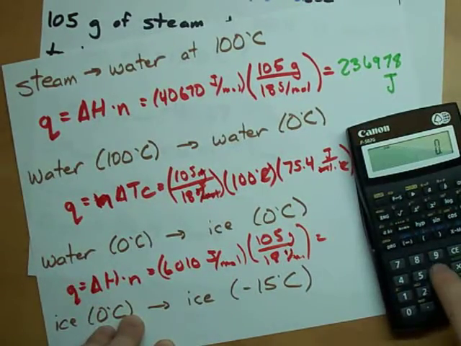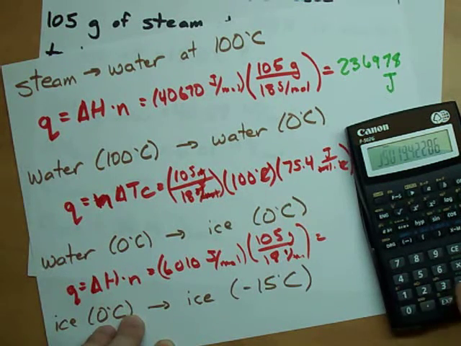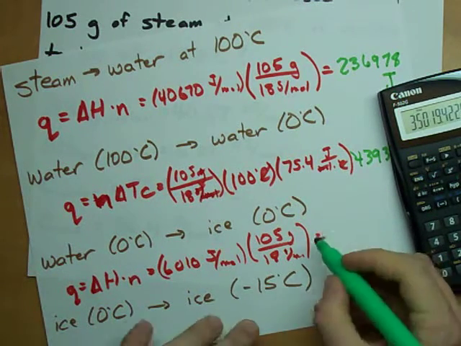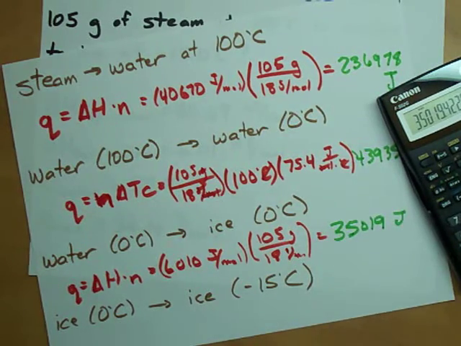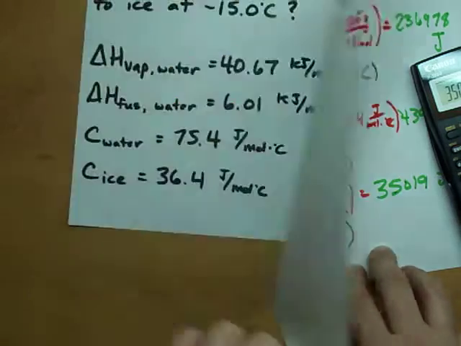On the calculator, 6010 times 105 over 18, 35,019 joules. Nice.